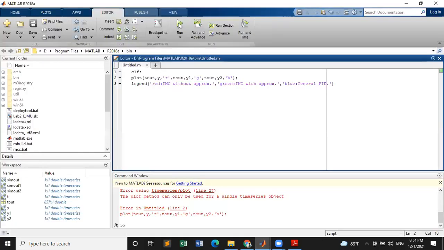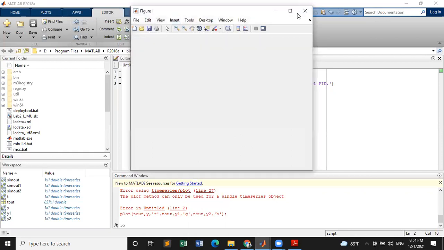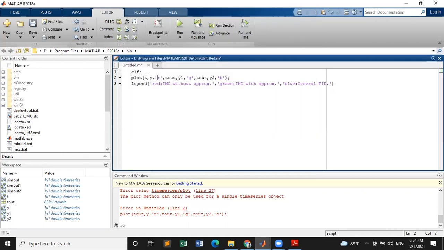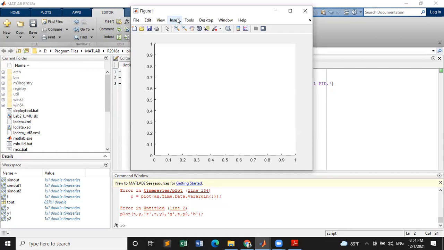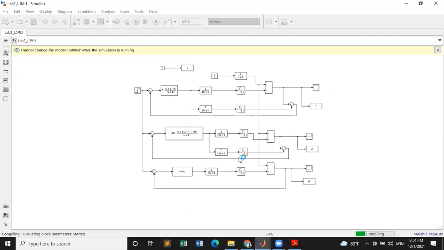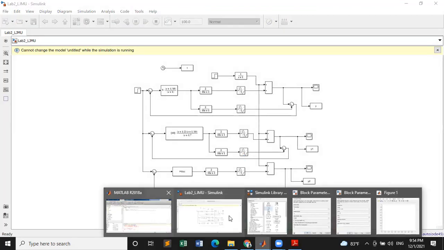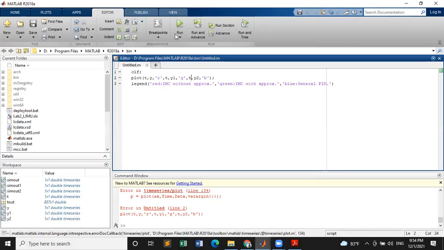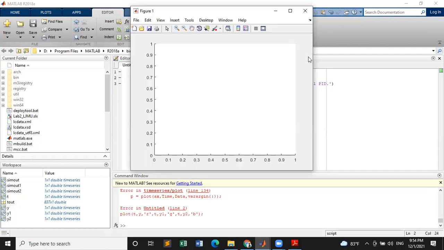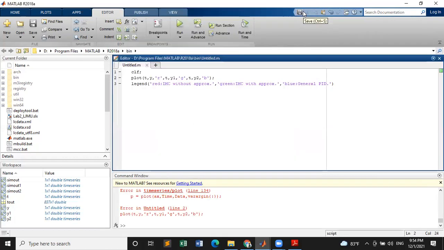Run this, and now I think it's T. To run this, and it has to be T now. T gave properly.